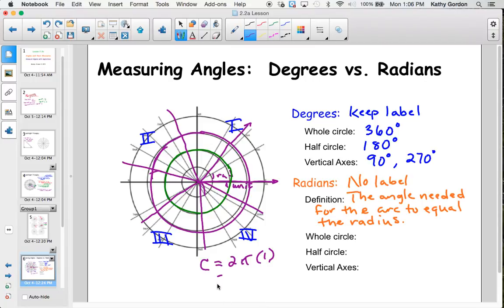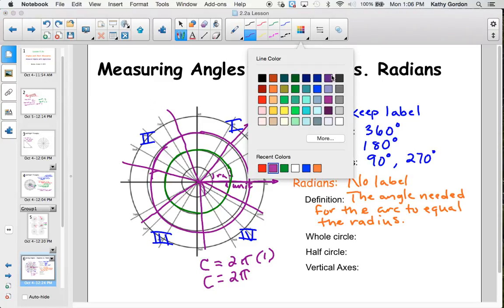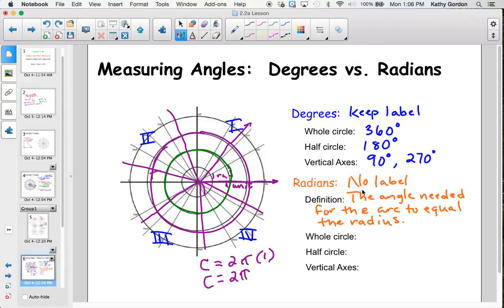So that means circumference all the way around is, let's make that orange. So all the way around the circle is 2 pi radians.